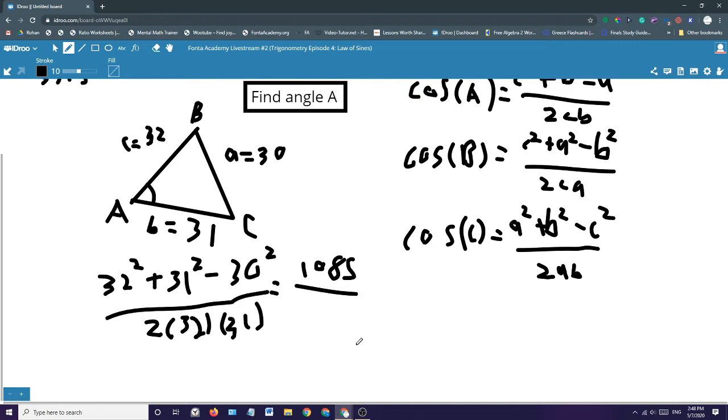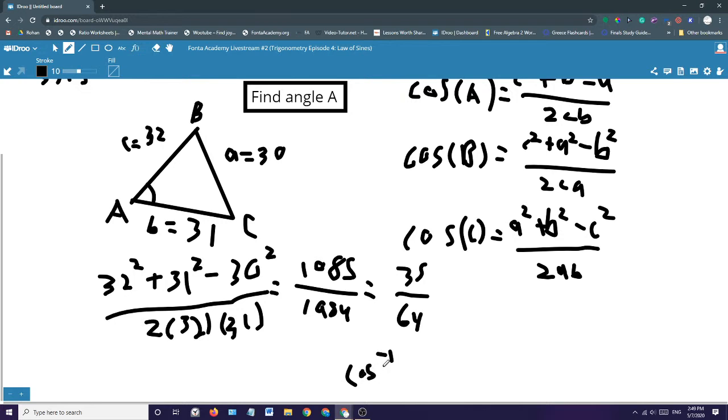That is 1984. So then we have to simplify this to 35 over 64. Now what we want to do is find the inverse of cosine.